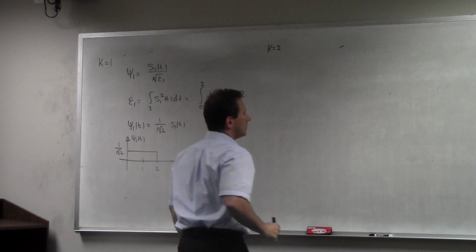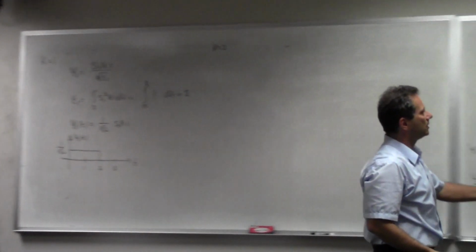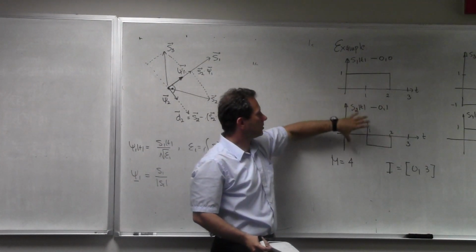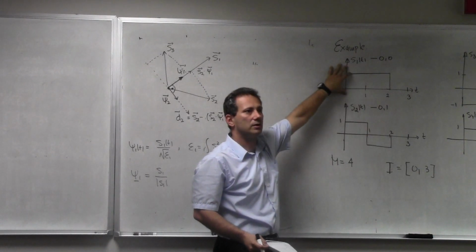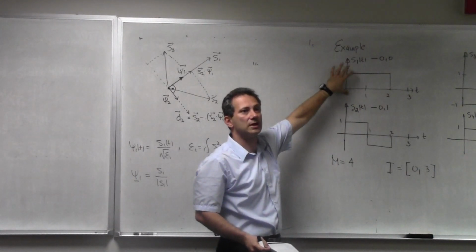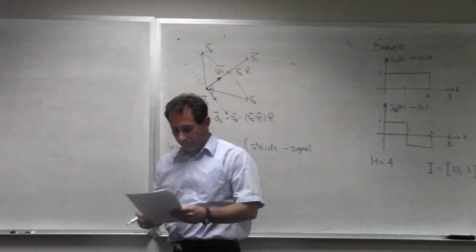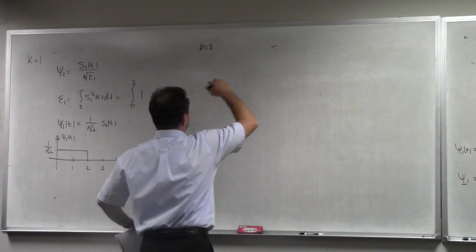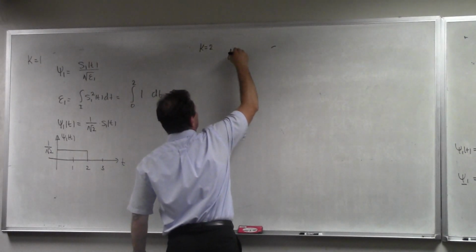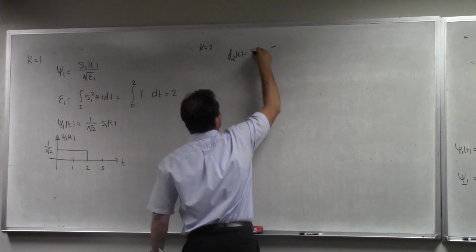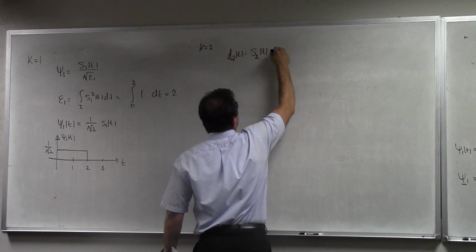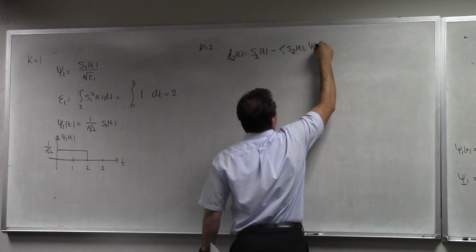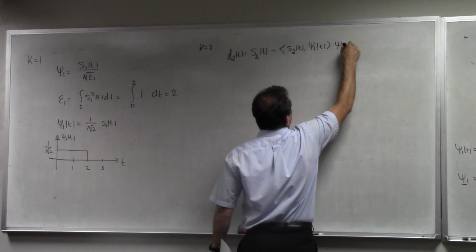K equals 2. First, I need to take this signal and subtract the projection of this signal along the direction of the first extracted signal. So what I need to do first: d2 of t is going to be s2 of t minus s2 of t in dot product with psi 1 of t times psi 1 of t.